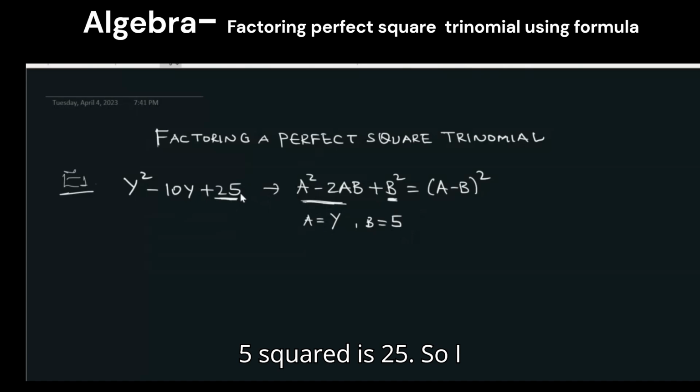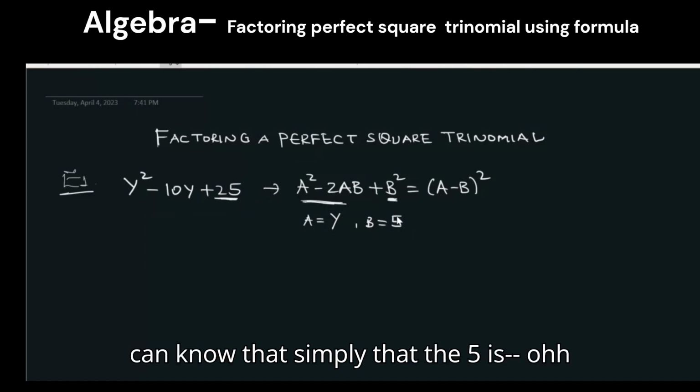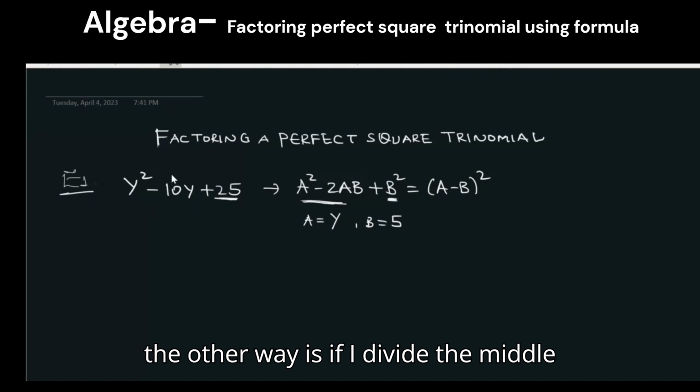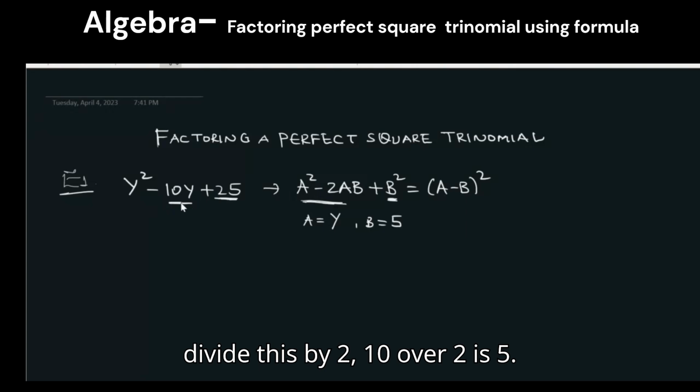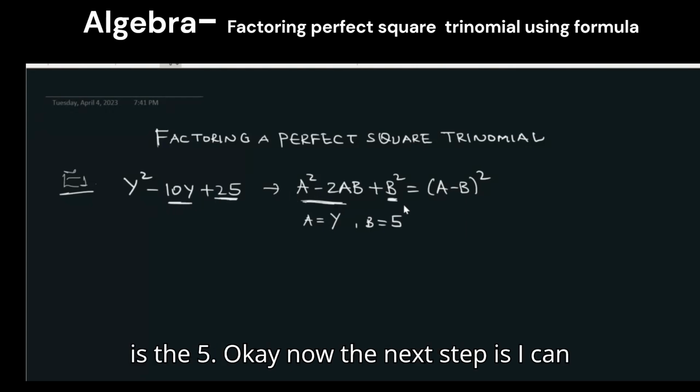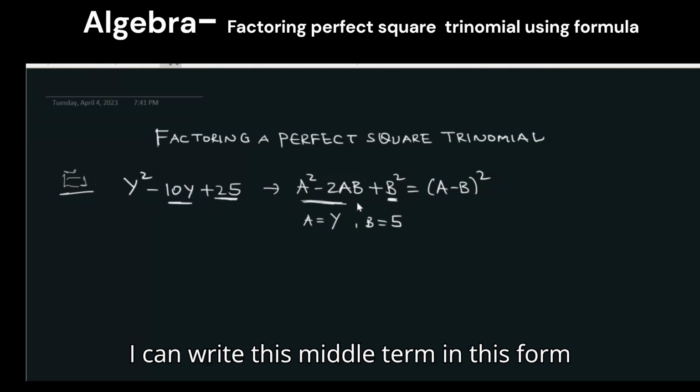The other way is if I divide the middle term 10 by 2, 10 over 2 is 5. So I know that b is 5.